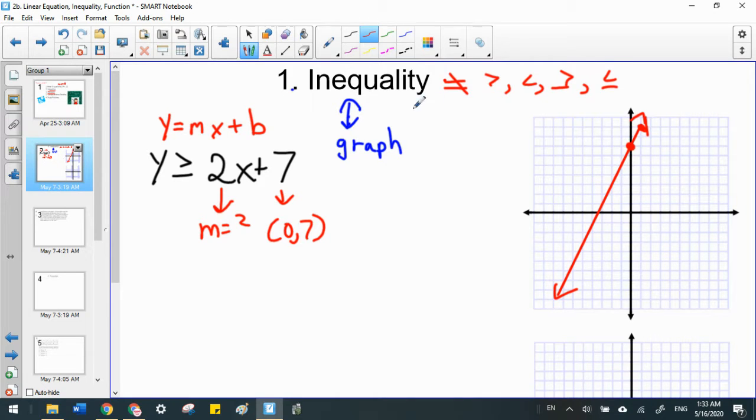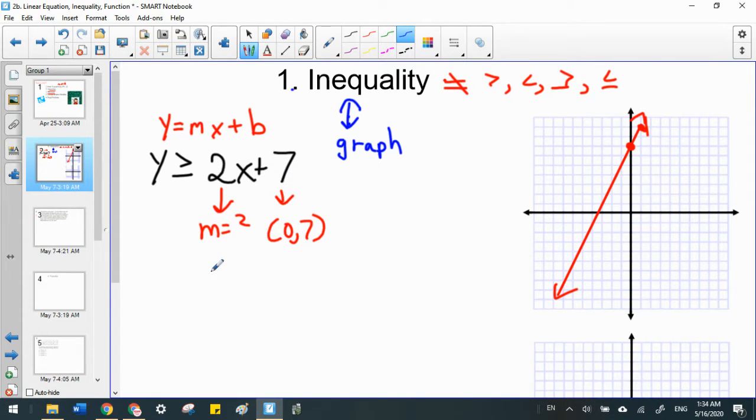Now, here's the thing with inequalities, is that if I am trying to graph this inequality, I am trying to graph all the solutions that would make this statement true. And if that is the case, in this situation right now, y is allowed to be a bunch of numbers. And I'll show you what I mean here. So the thing about an inequality is we need to make a true statement out of it.